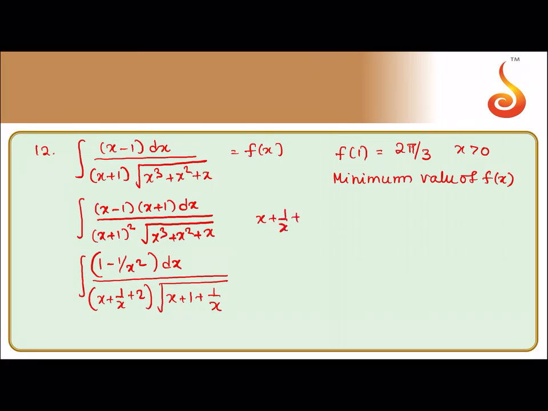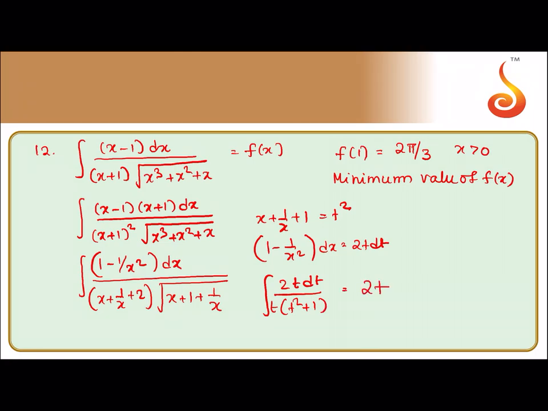So derivative of x plus 1 by x, which is 1 minus 1 by x square, is present in front of you. So x plus 1 by x plus 1 equal to t square. So we get 1 minus 1 by x square dx is equal to 2t dt. So this becomes 2t dt by t into t square plus 1.